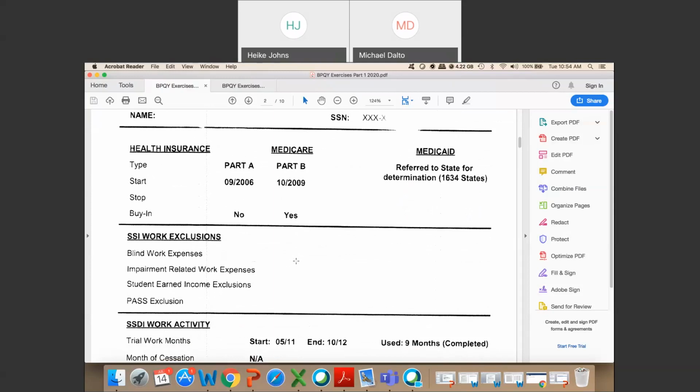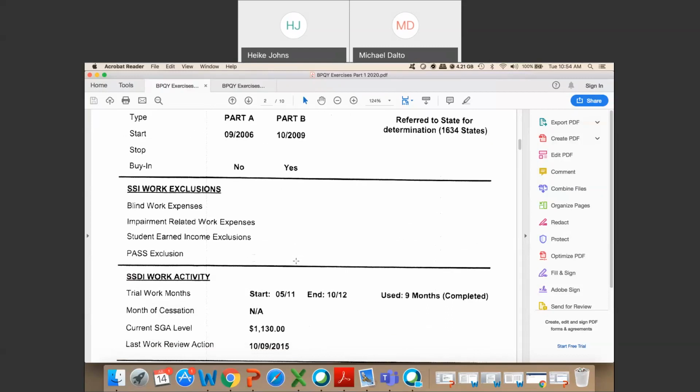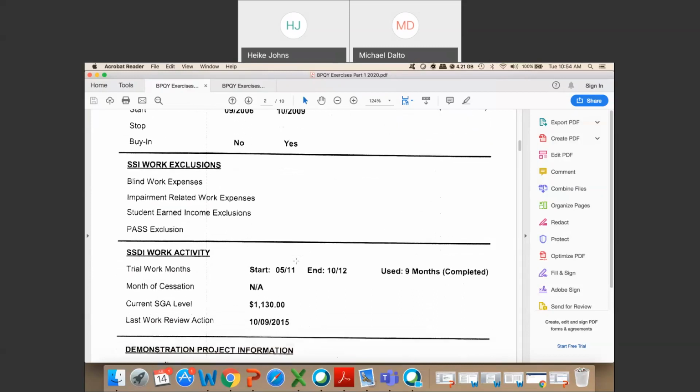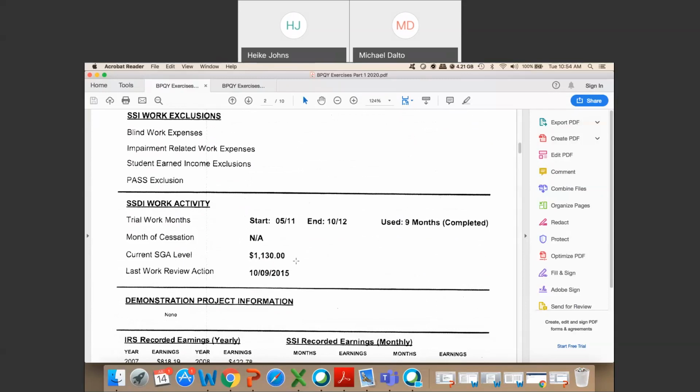Next down is SSI work exclusions: blind work expenses, impairment-related work expenses, student earned income exclusion, and plan to achieve self-support, or PASS. This person doesn't have a history of using any of those SSI work incentives. And we've got SSDI work activity.